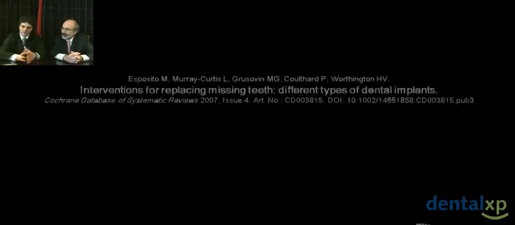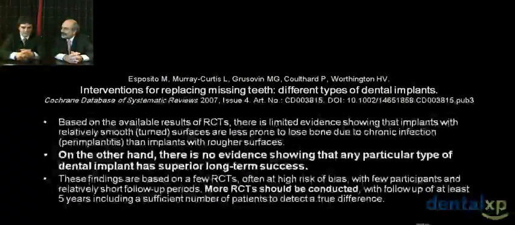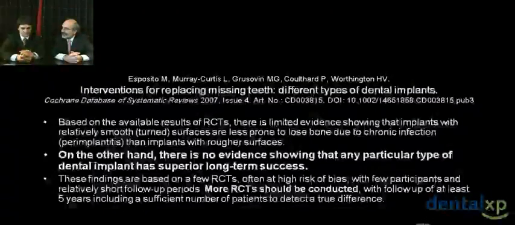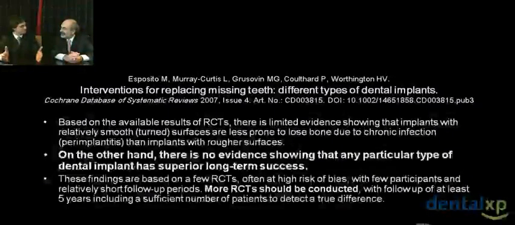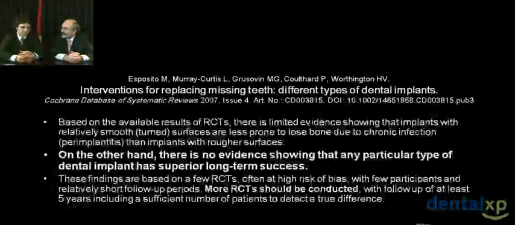But the last word is to be said from the randomized controlled clinical trials. And this is a review made from the Cochrane database of systematic reviews in 2007, so it's very recent. Marco Esposito and co-workers did a review of the literature, and they say that there is not yet enough scientific evidence to support the use of one implant design against the other.